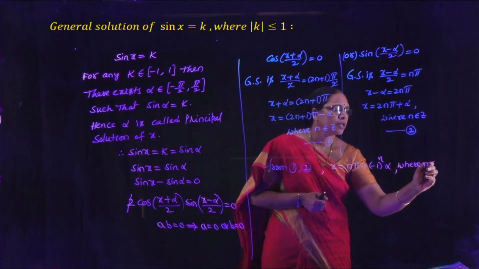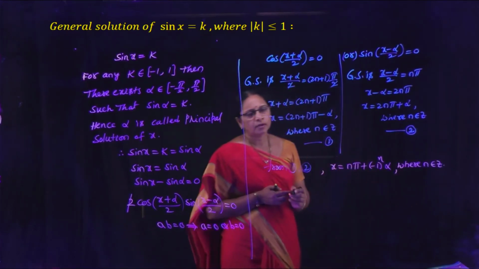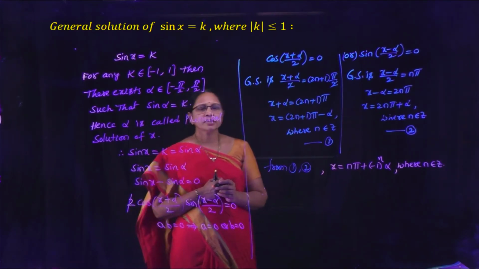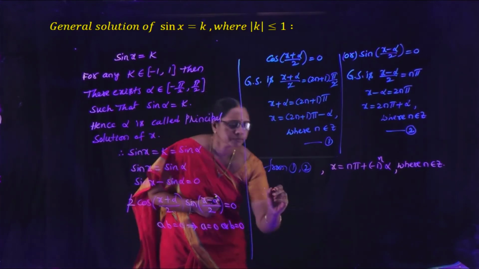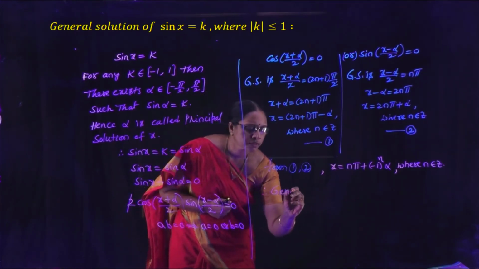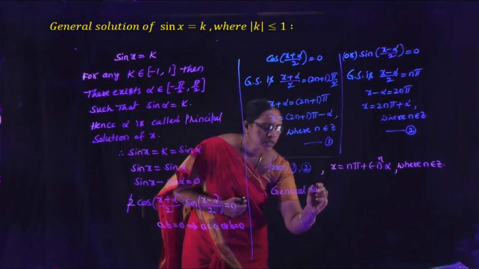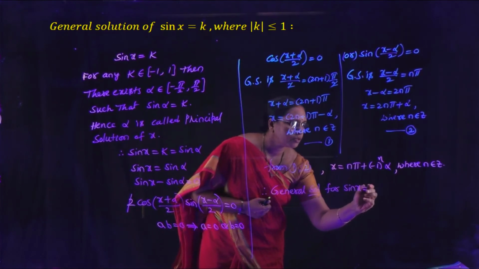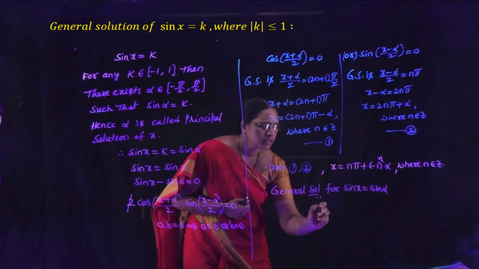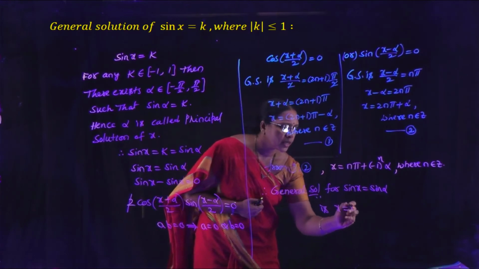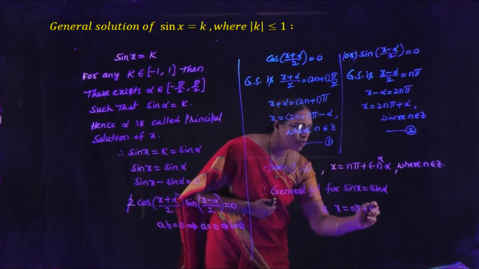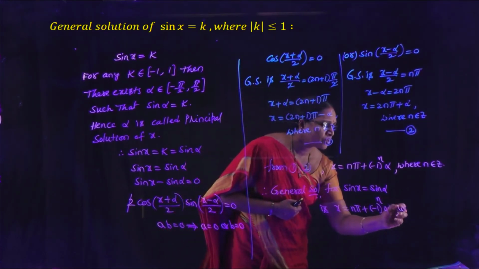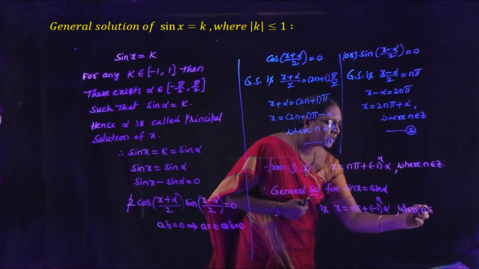Therefore, the general solution for sin x is equal to sin alpha is x is equal to n pi plus minus 1 whole to the power of n into alpha, where n belongs to z.